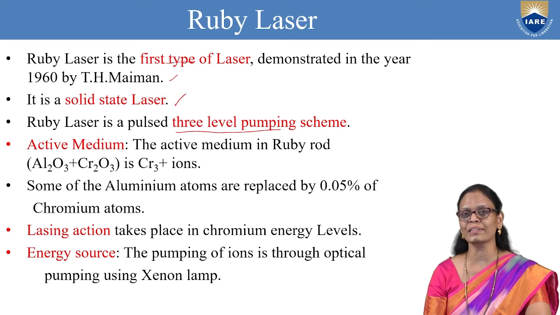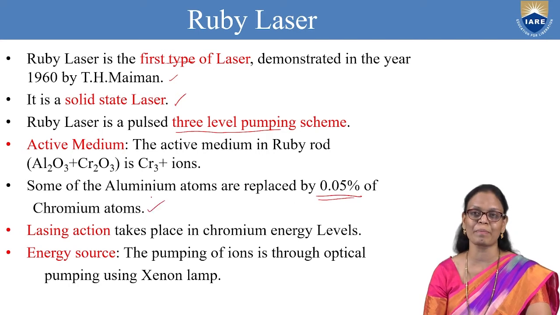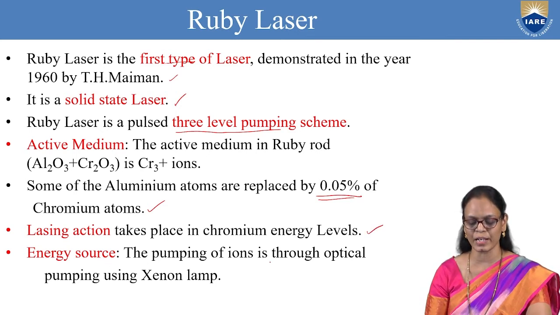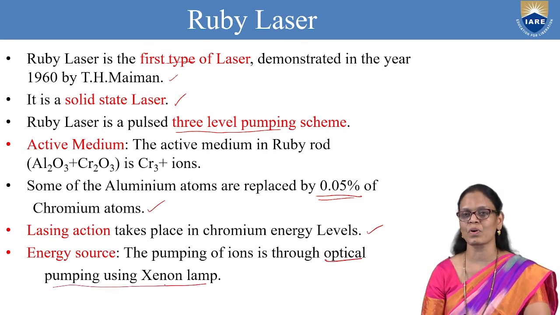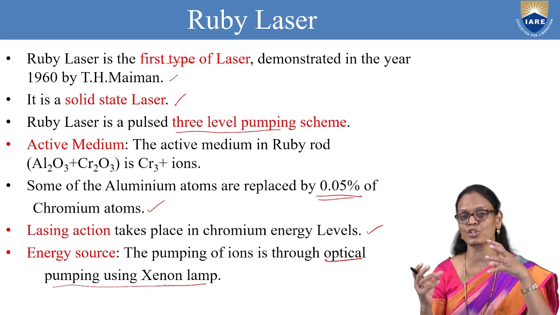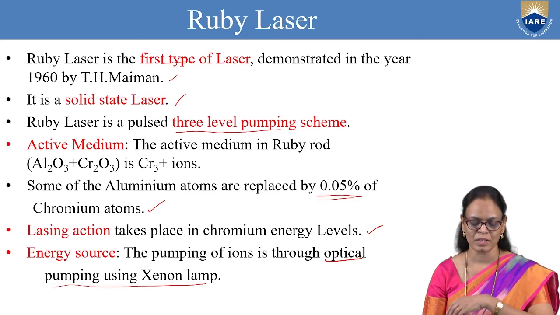How we are doing that doping is, some of the aluminum atoms are replaced by 0.05% of chromium atoms, so that the lasing action can take place in chromium energy levels. And the energy source we are using here is optical pumping using a xenon lamp. I told you we are taking a flash tube in which we fill the gas, so we are calling it a xenon lamp.